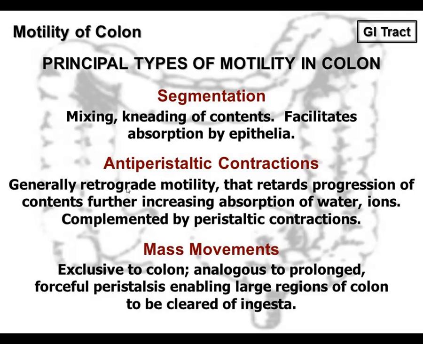But the unique part about the colon here is we have what we call mass movement, because now the chyme is not liquid anymore, it's semi-solid, so the movement of it, it's almost like labor, moving a large bulk at the same time, and that is strong and prolonged peristalsis. It's not just your regular peristalsis, it's long and very strong peristalsis to allow the movement to kick out the content of the colon as a mass.